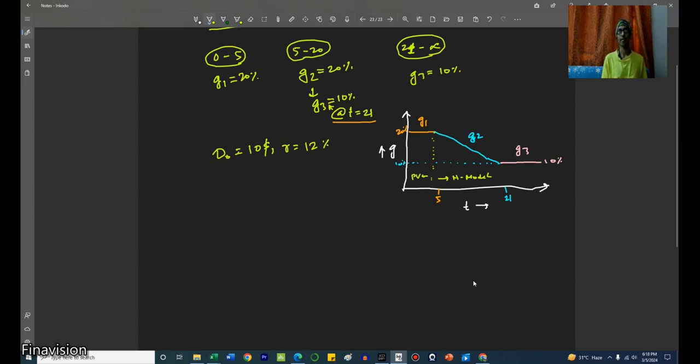So let us look at the first stage, stage 1.